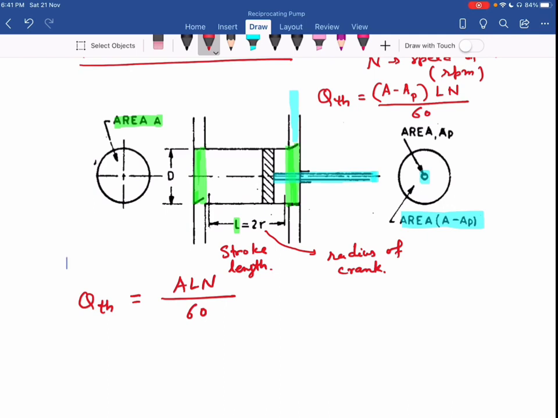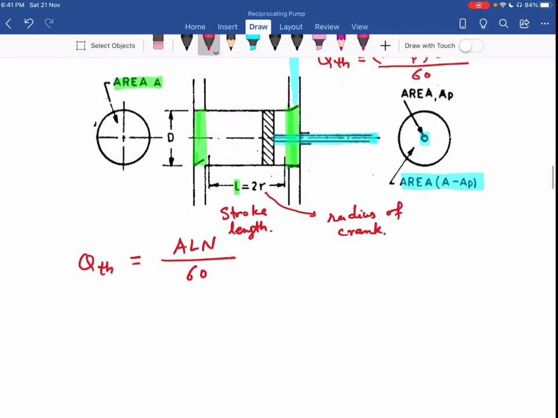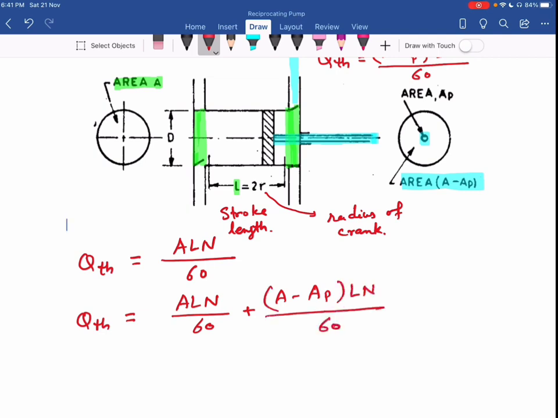Now the total discharge during one cycle, the discharge per second, I can write as ALN divided by 60 plus (A minus AP) LN divided by 60 for double acting.